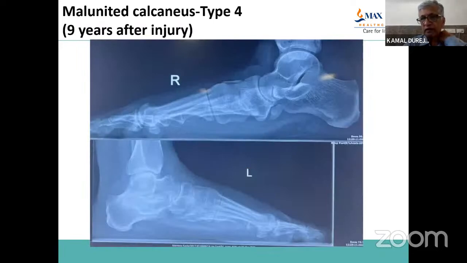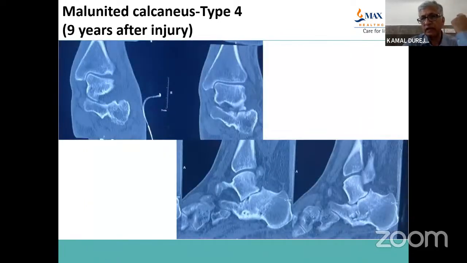However, this is a different game when you have these injuries coming to you after about 8 years, 9 years, or 6 years. So that was a case which came 6 months after the index injury. But a case like this, which came 9 years later, you don't find the plane where to do the osteotomy here. It's so well fused, so much ossification, so much new bone formation has taken place.